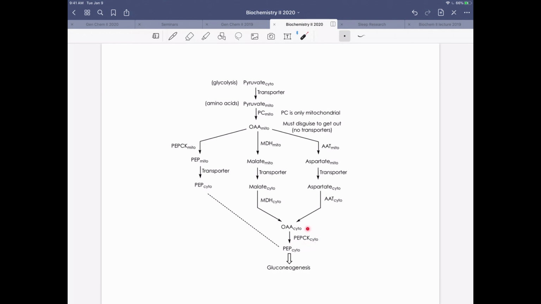Now, remembering that PEPCK lives both in the cytosol and the mitochondrion, the cytosolic version of PEPCK can finish this conversion of oxaloacetate into phosphoenolpyruvate, and now again we're ready to reverse glycolysis, complete gluconeogenesis, and make the glucose that your body needs.